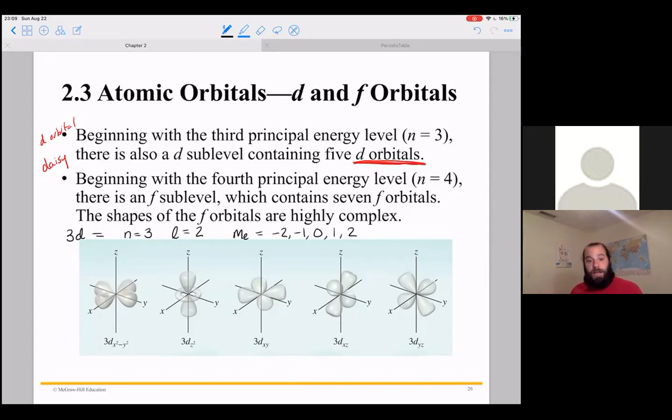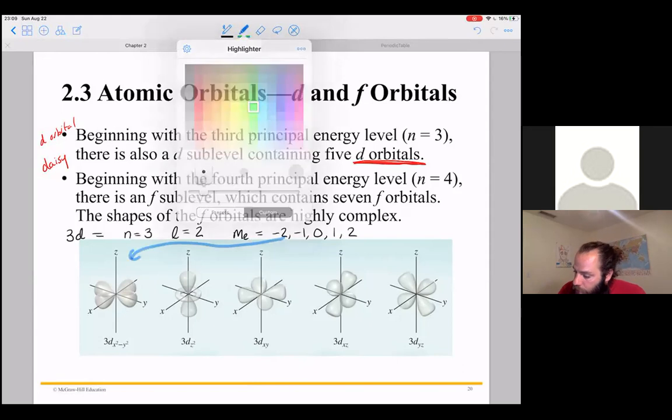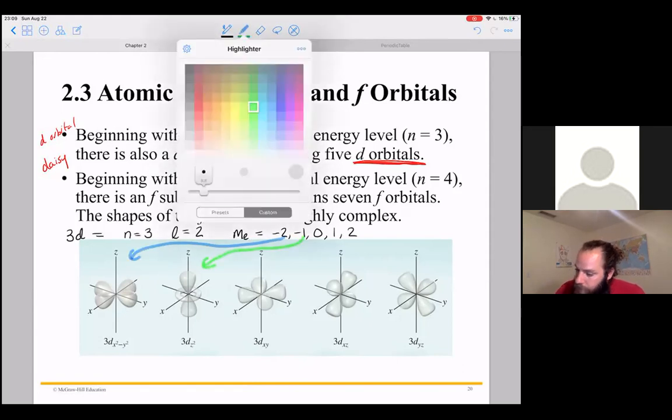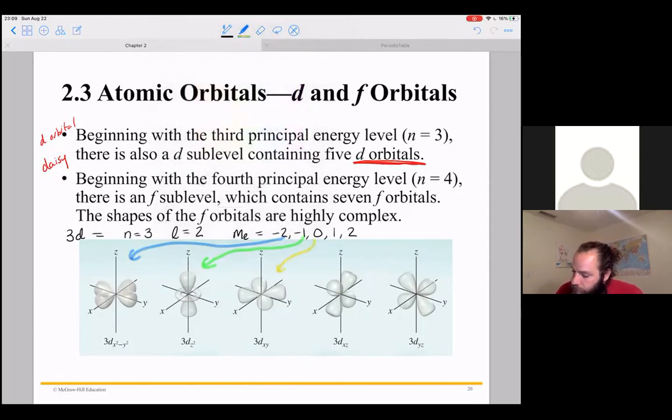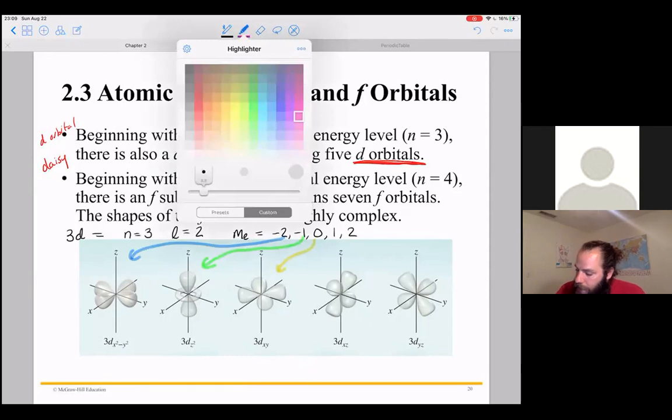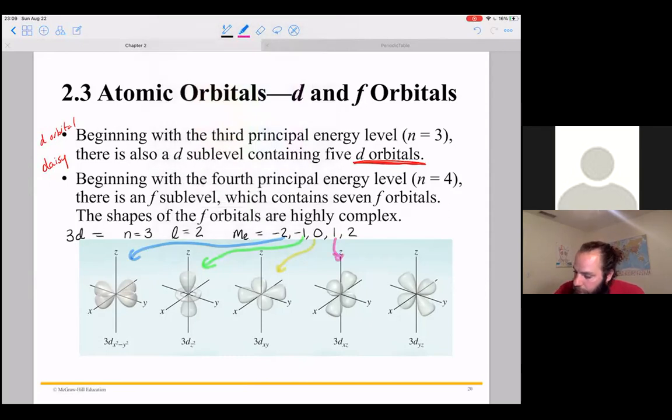Notice that we have 5 different M sub L values, 5 different magnetic quantum numbers. Each one of those corresponds to a different orientation, and we know that 2 electrons can fit in each one of these sublevels.